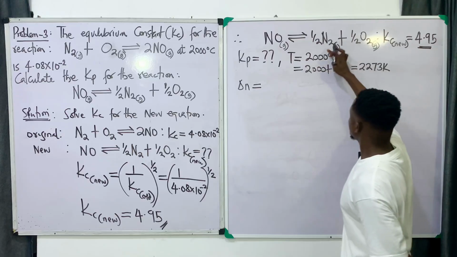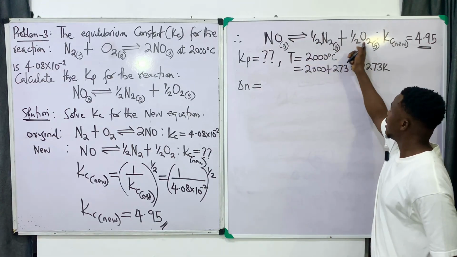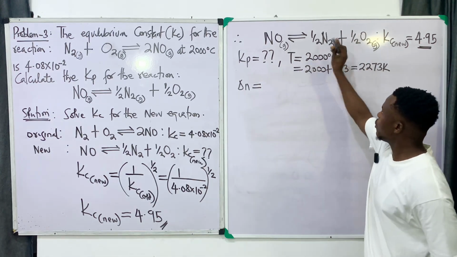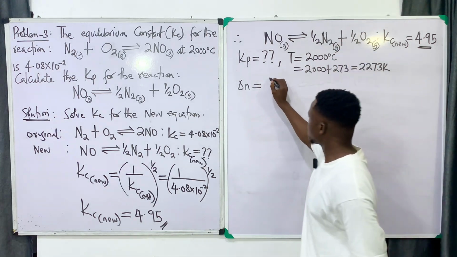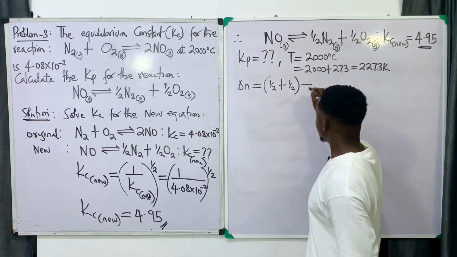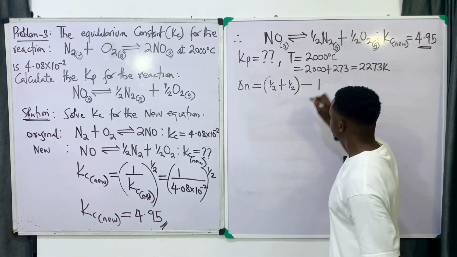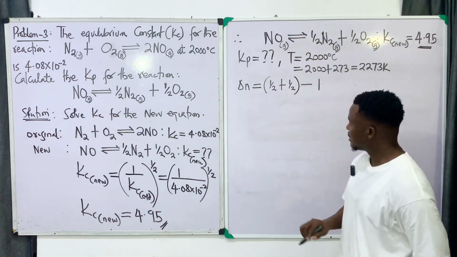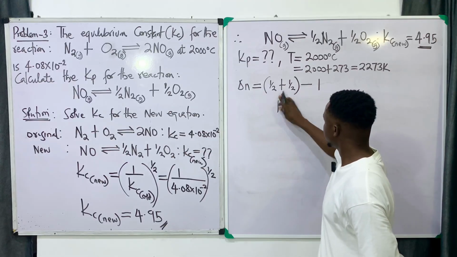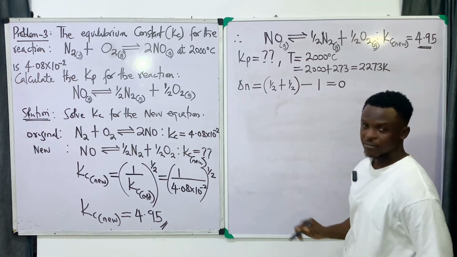Now, the products of this reaction are N2 and O2, and their moles are half and half. So I will say the moles of the products, we have two products, 1 over 2 plus 1 over 2, minus the mole of the reactant, which is 1. So in this case, half plus half is 1, 1 minus 1 is equal to 0.